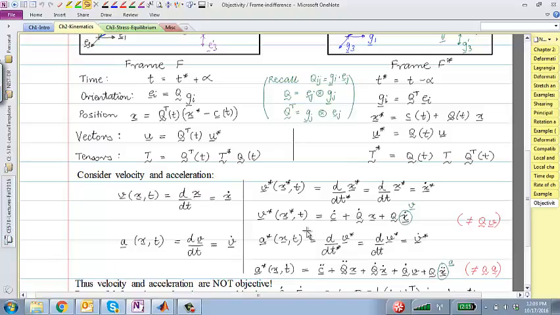The velocity vector does not transform using the simple relation of Q times u equals u star.